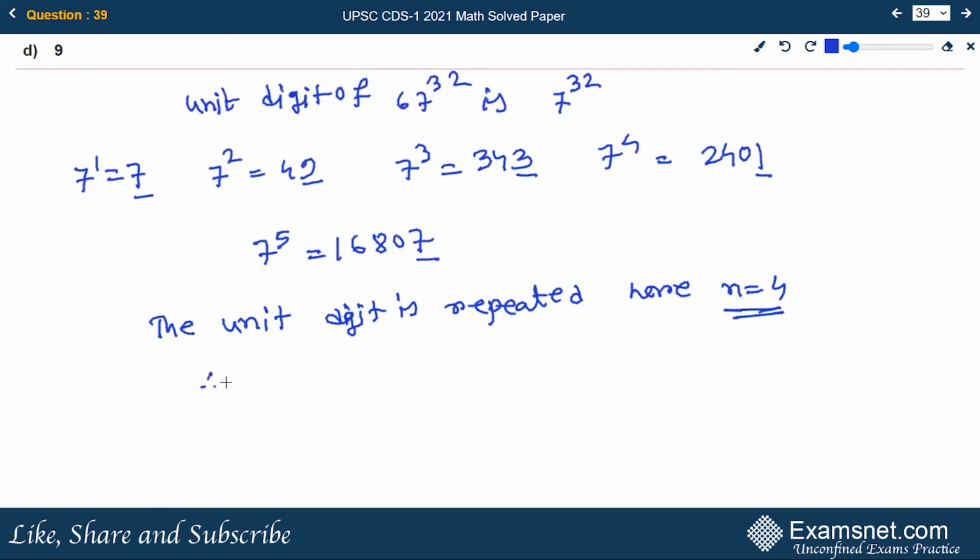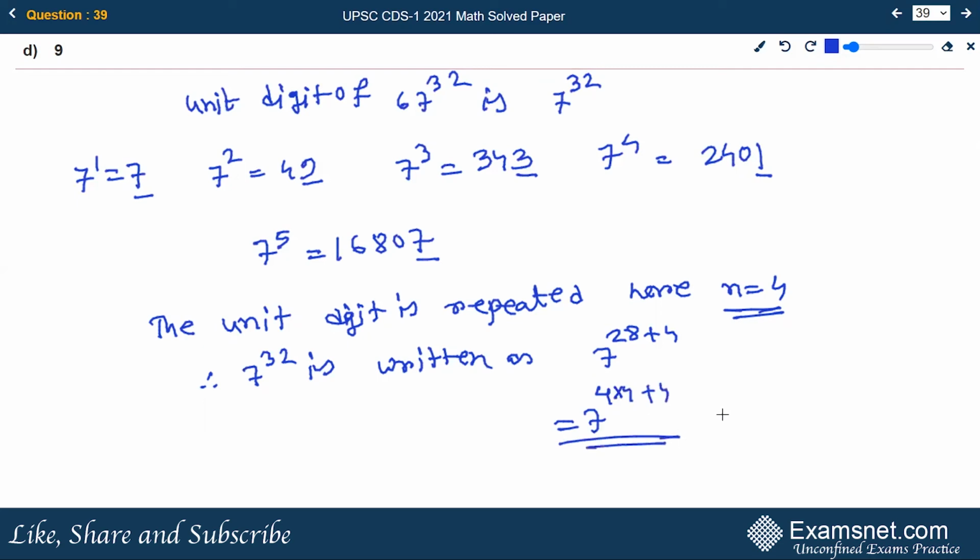So that means 7 to the power 32 is written as 28 by 4. Correct. That means 7 to the power 4 multiplied by 4 plus 4. So here, 7 to the power 28 multiplied by 7 to the power 4.